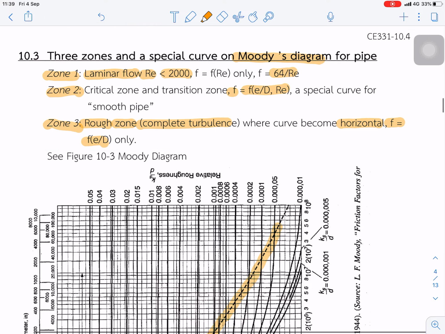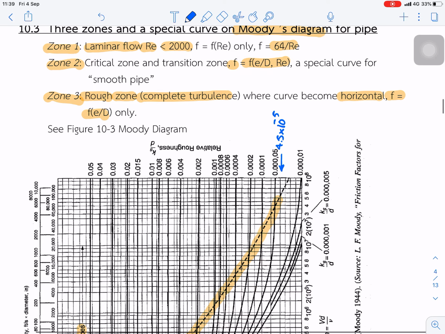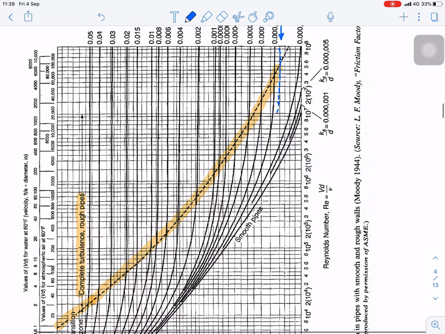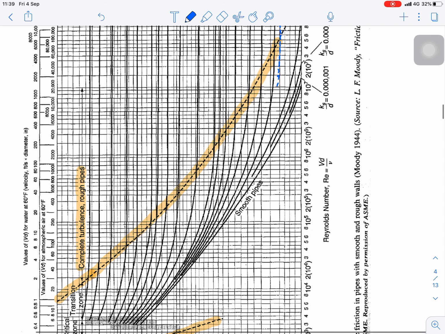And this line starts from here, a bit lower than 5, and we make it parallel to the 5, and then the number at the bottom is 1.3.